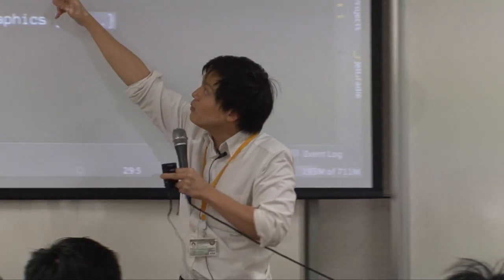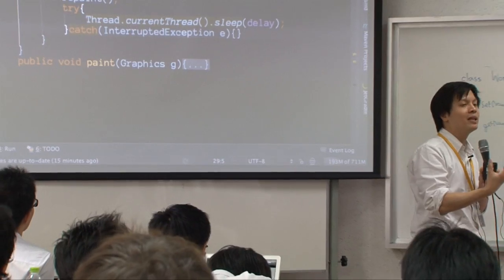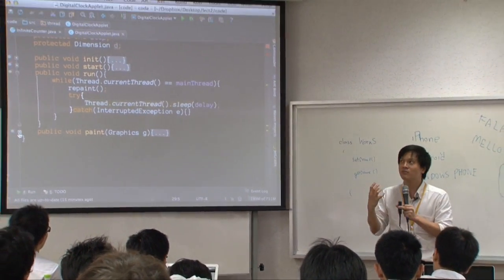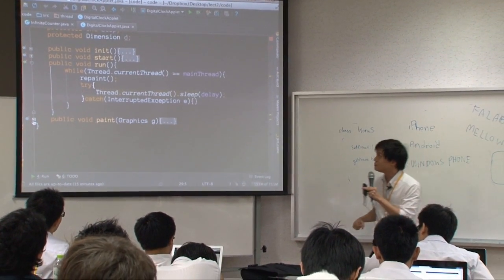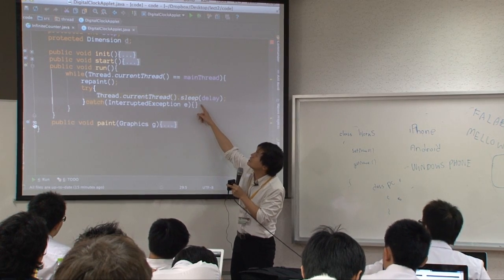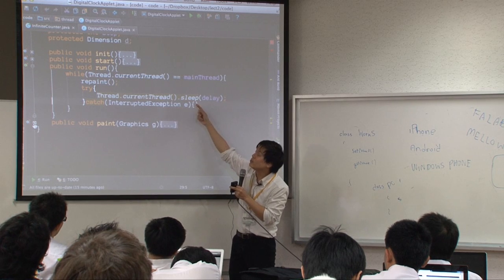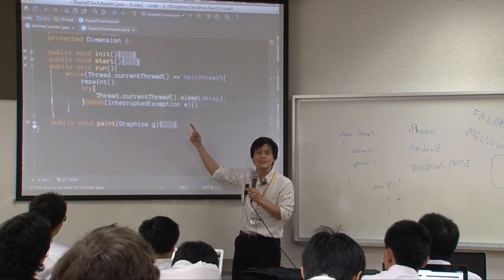So whenever we would like to force our applet to be repainted, or whenever we would like to force the paint method to be invoked, we call the method repaint. Then this one just makes the thread sleep for some time, and then when it wakes up, it will repaint again.